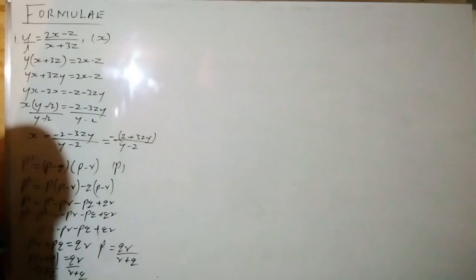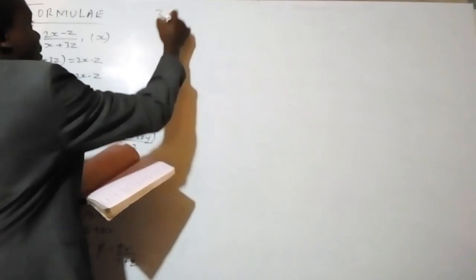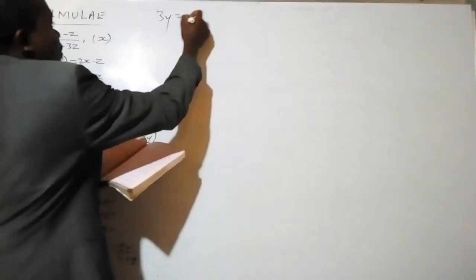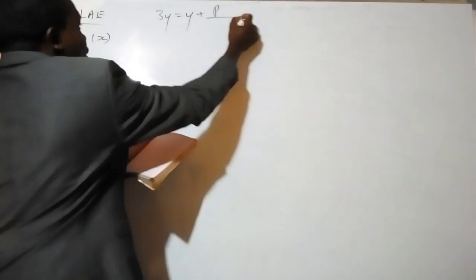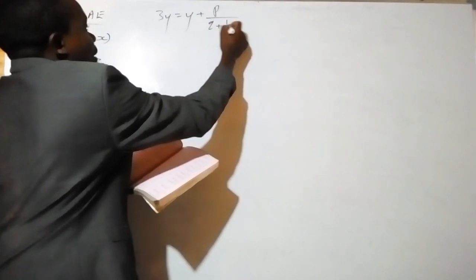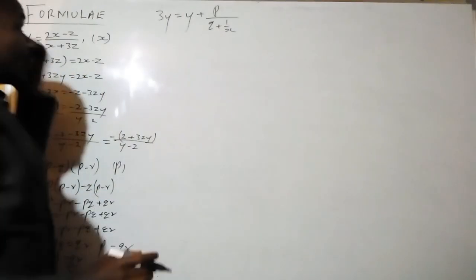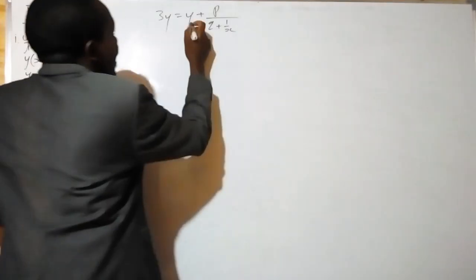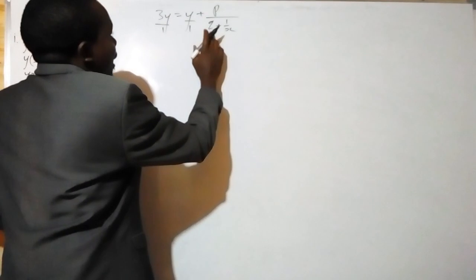Next, we are given 3y is equals to y plus p over q plus 1 over x. What we are going to do here is, like we have 1 and here 1, so we can say our LCM is q plus 1 over x.